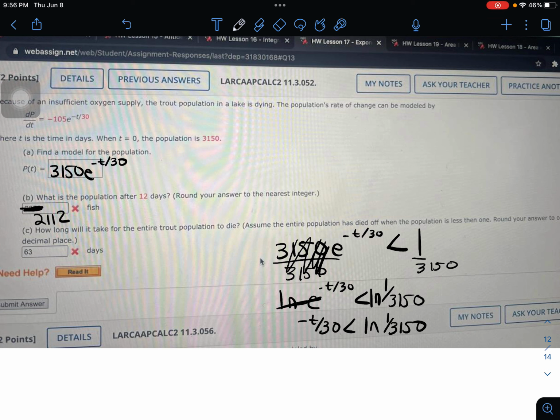We're almost there. I need to get that t all by itself. First thing I'm going to do is get rid of that 30 by multiplying both sides by 30, which cancels these 30s out. So I have negative t is less than the natural log of 1 divided by 3,150 times 30. And now I need to get rid of that negative. To get rid of that negative, I can just multiply by a negative 1, because a negative times a negative is a positive.